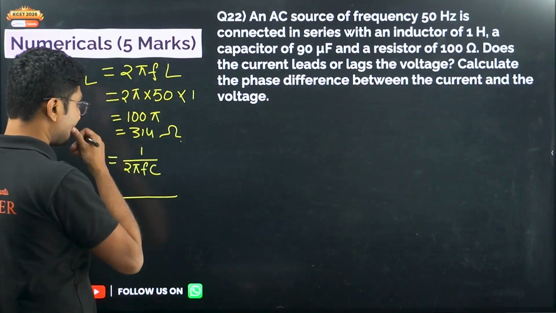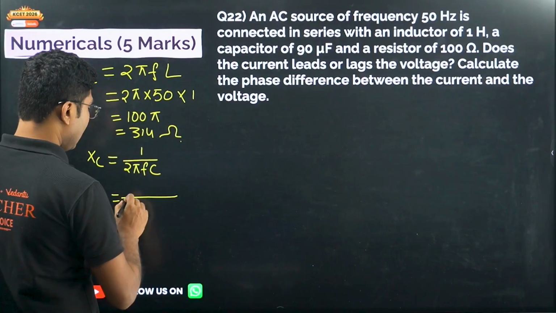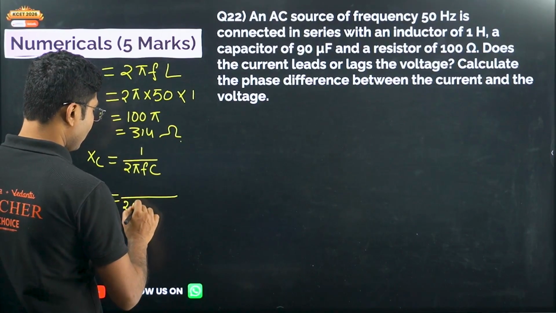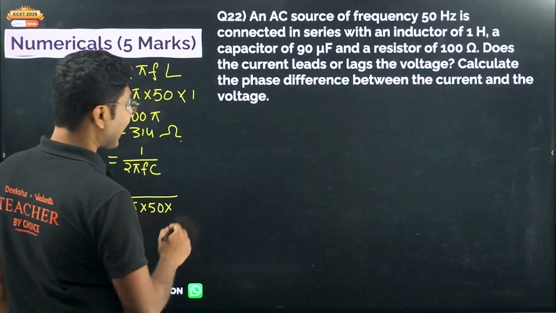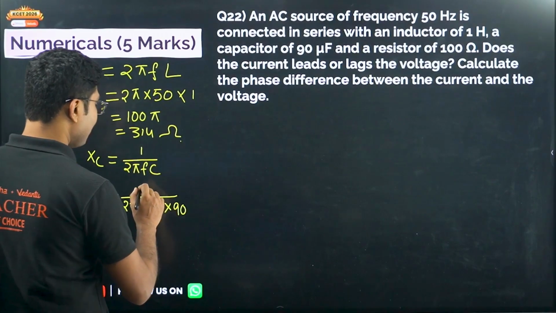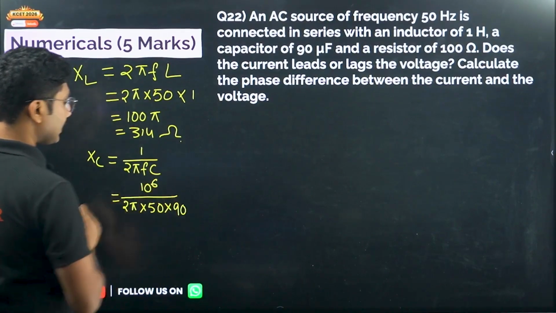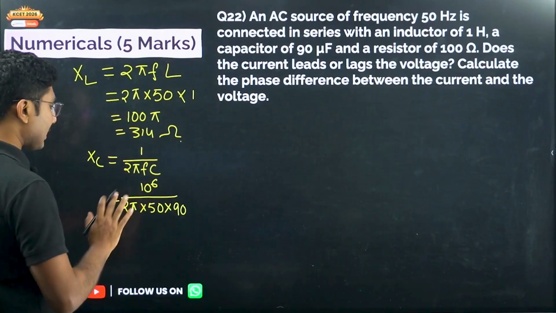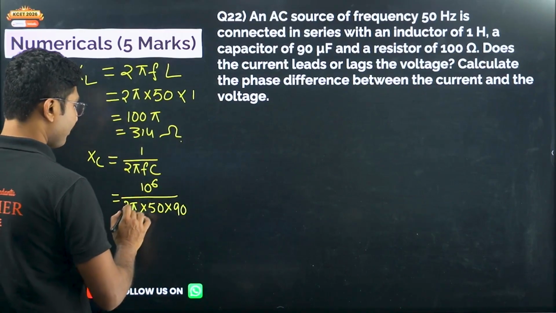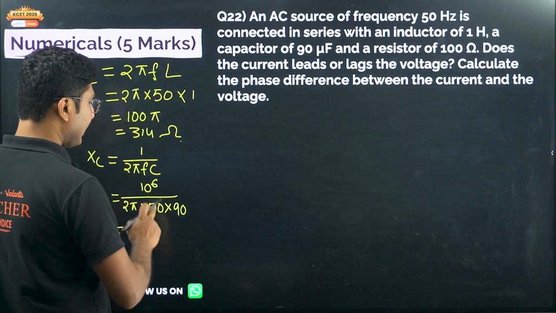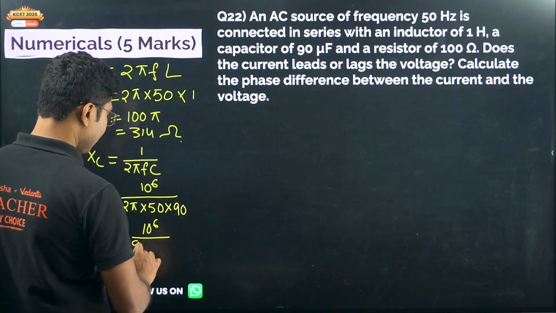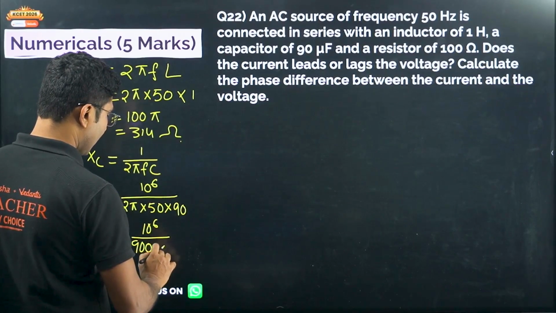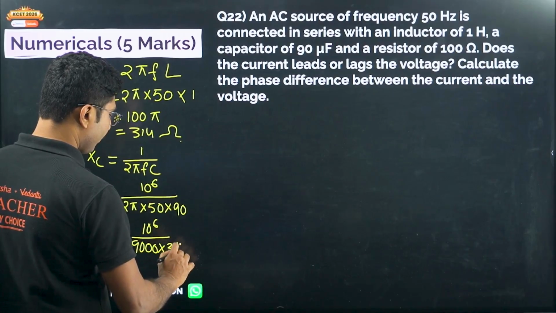Once previous year questions are done, then you will be super confident about what are all the questions that you might face. So 1 by 2 pi Fc, so 1 by 2 pi into F is 50, C is 90 microfarad. So 90 micro means 10 to the power of minus 6, which goes to 10 to the power of 6 in the numerator. Follow the steps. All steps should be same. 2 into 50 is 100, 100 into 90 is 9000 into 3.14.